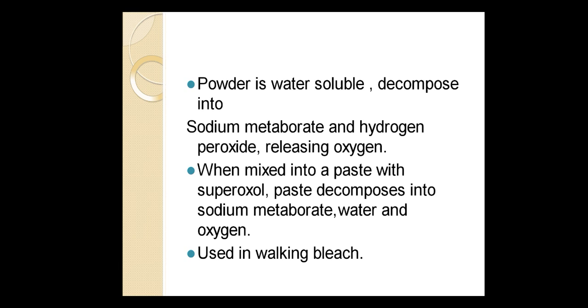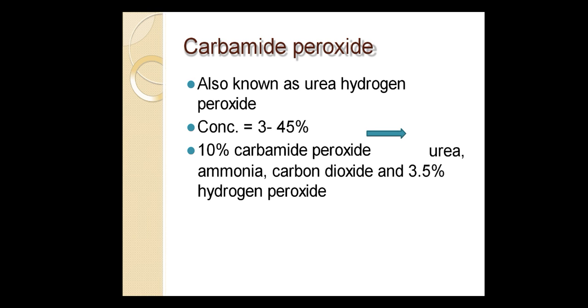When mixed into a paste with superoxol, the paste decomposes into sodium metaborate, hydrogen peroxide, and nascent oxygen, and it is mainly used in walking bleach, that is in case of non-vital tooth bleaching.